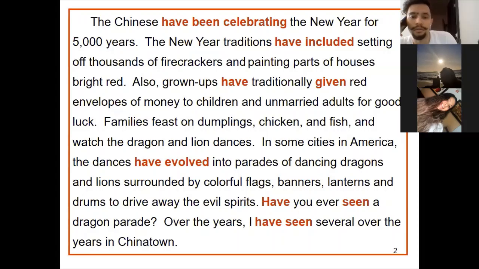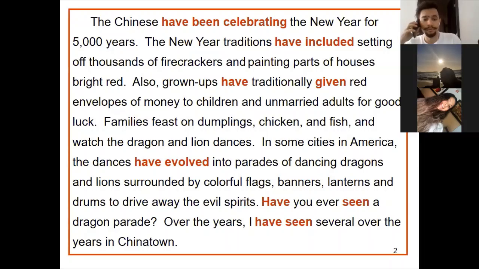Families feast on dumplings, chicken, and fish, and watch the dragon and lion dances. In some cities in America, the dance has evolved into parades of dancing dragons and lions, surrounded by colorful flags, banners, lanterns, and drums to drive away the evil spirits.